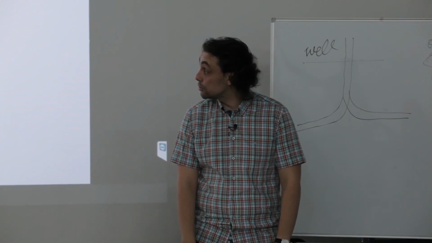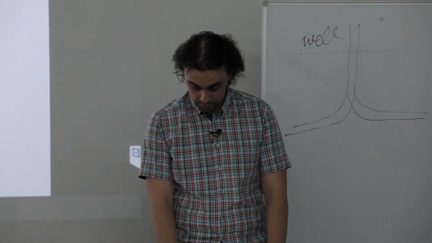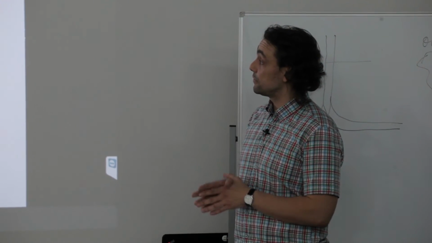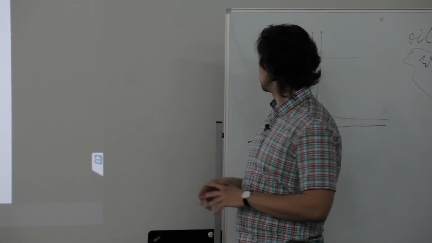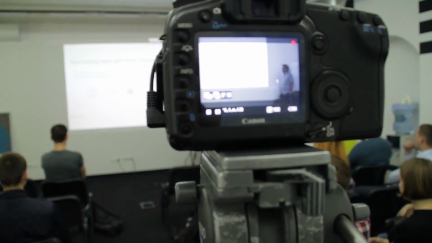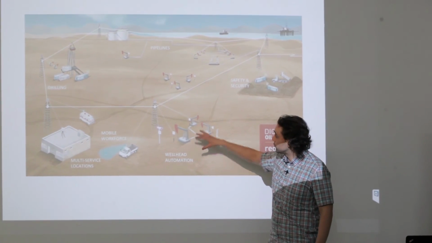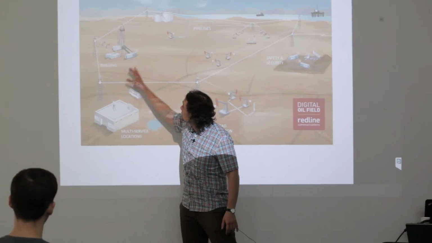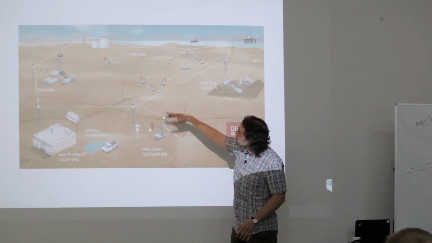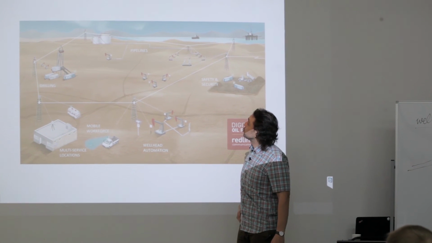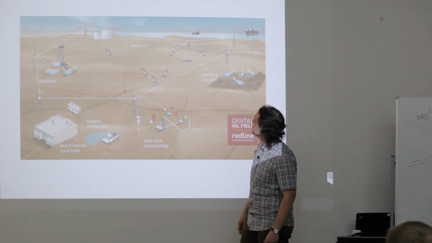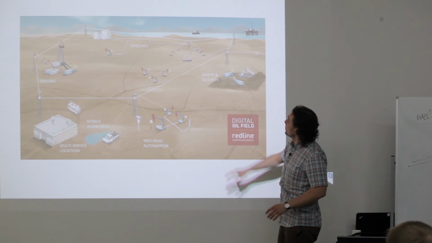Let's dive deeper into what a digital oil field means. If we look at different parts of oil fields, this is the process of oil producing. In this picture you can see the drilling process, some tanks for storing oil connected with pipelines, and an offshore platform.